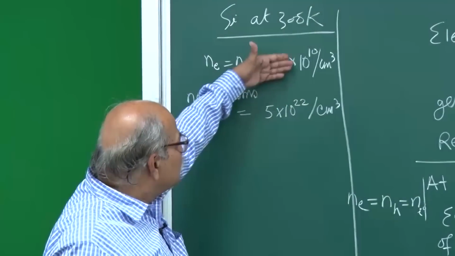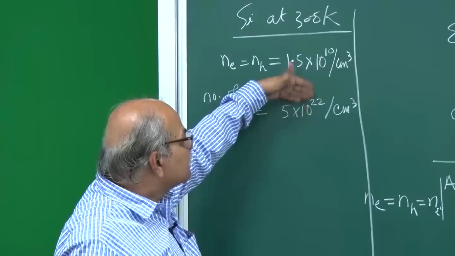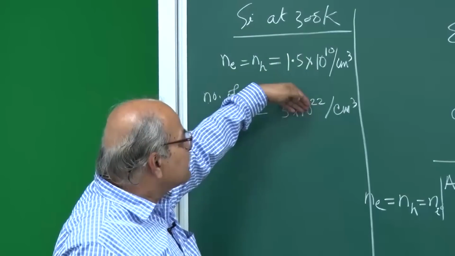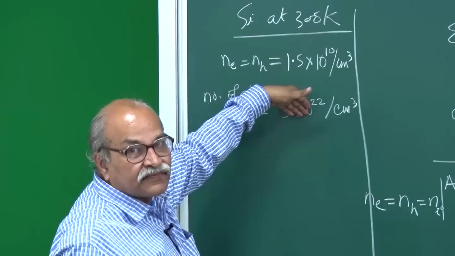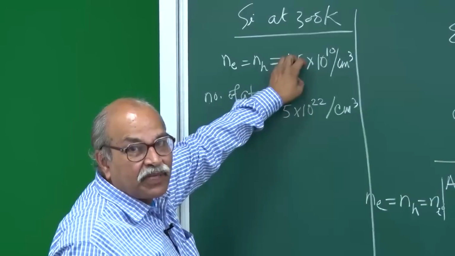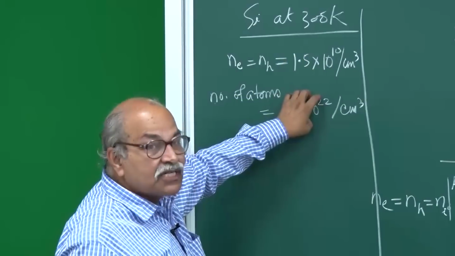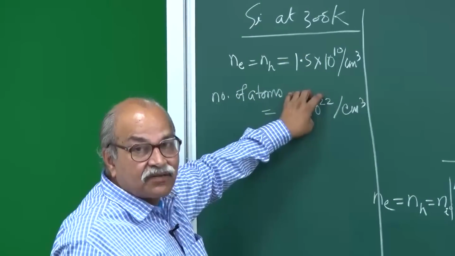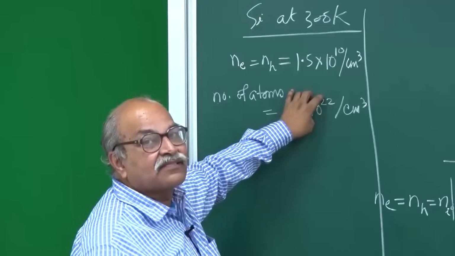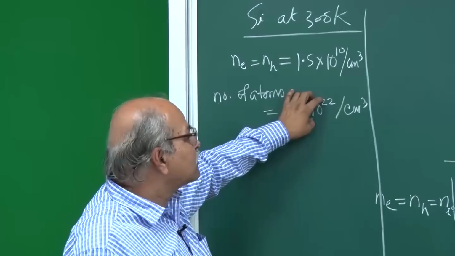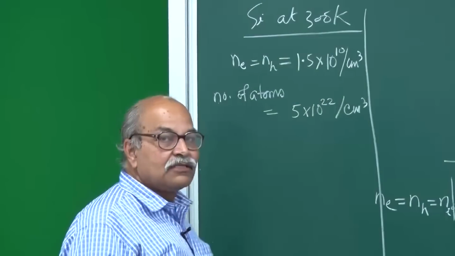So, this is a ratio of about 10 to the power 12. So, 1 in 10 to the power 12. One electron hole pair comes from 10 to the power 12 atoms. So, it is a really small fraction.